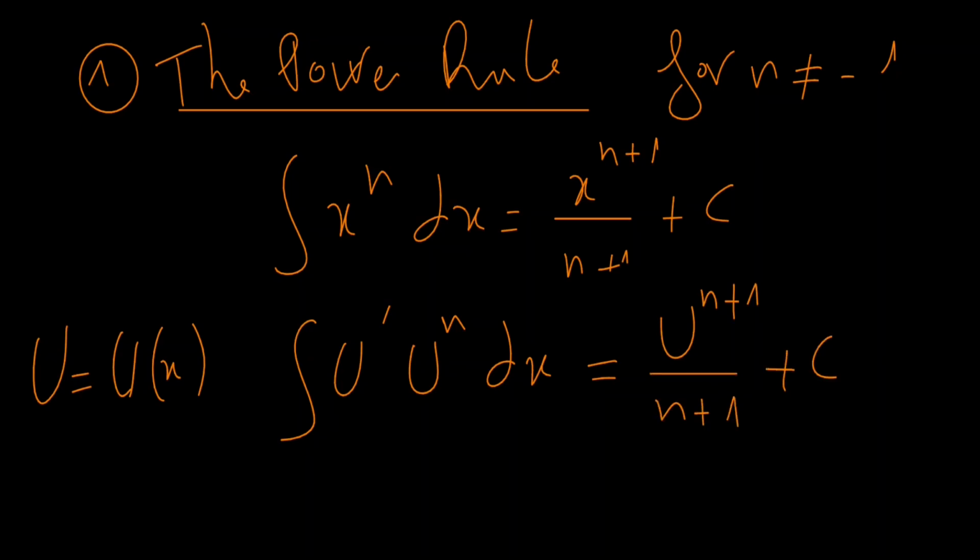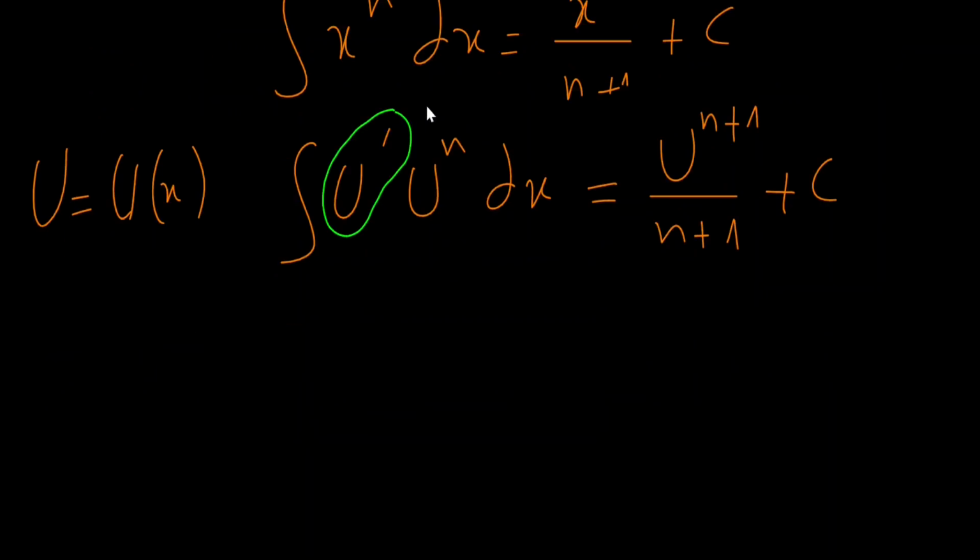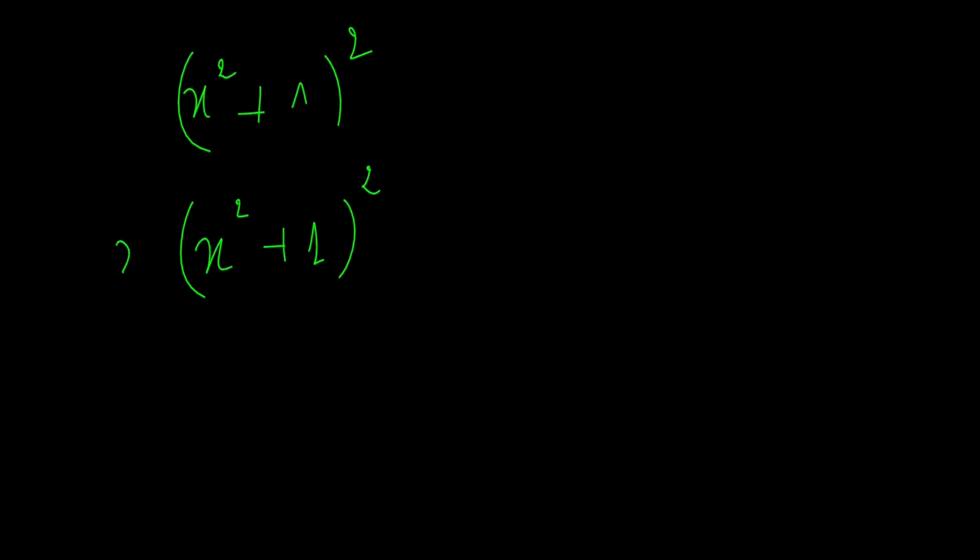but be aware, if we don't have u prime multiplied by u power of n, then we can't use the power rule. Let's take an example. Let's take two functions, x squared plus 1 power of 2 multiplied by x.